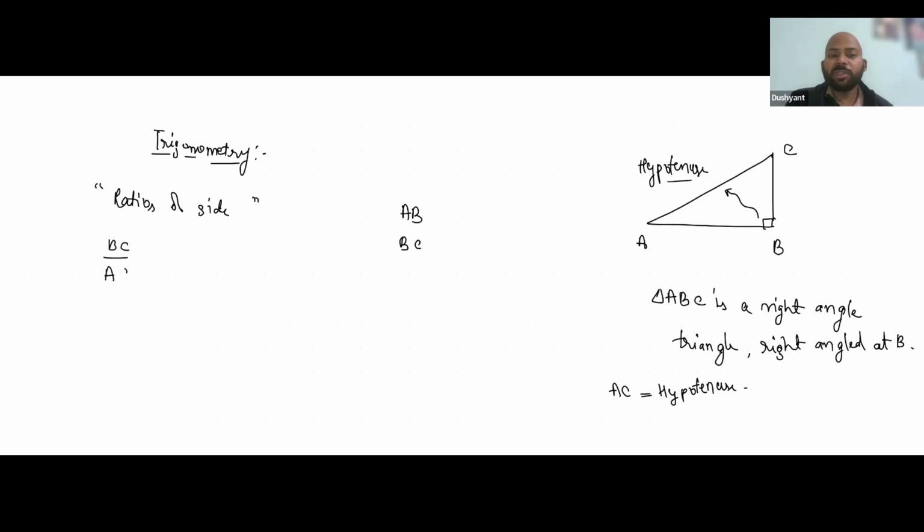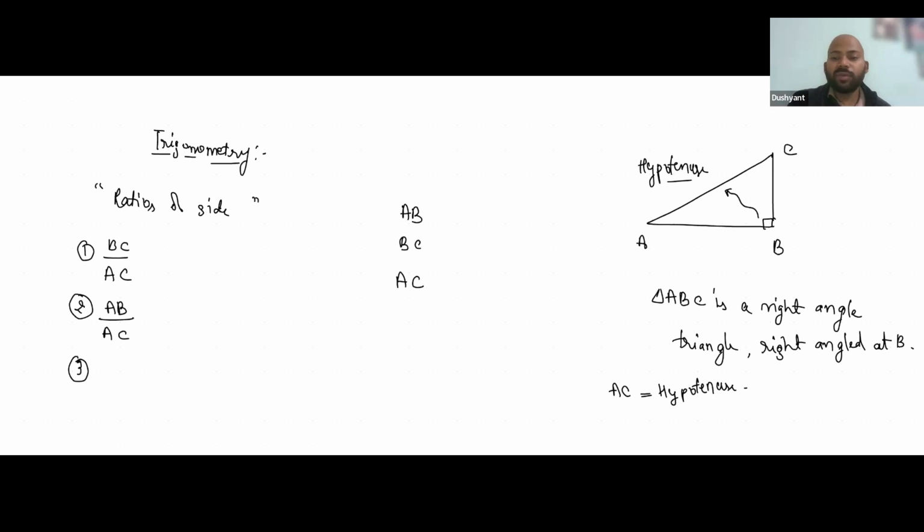So the very first ratio that I can take is BC over AC, right? I have these sides AB, BC, and AC, and with these three sides, I need to take the ratios. So BC over AC, first ratio I have taken. Second possible ratio that I can take is AB over AC.